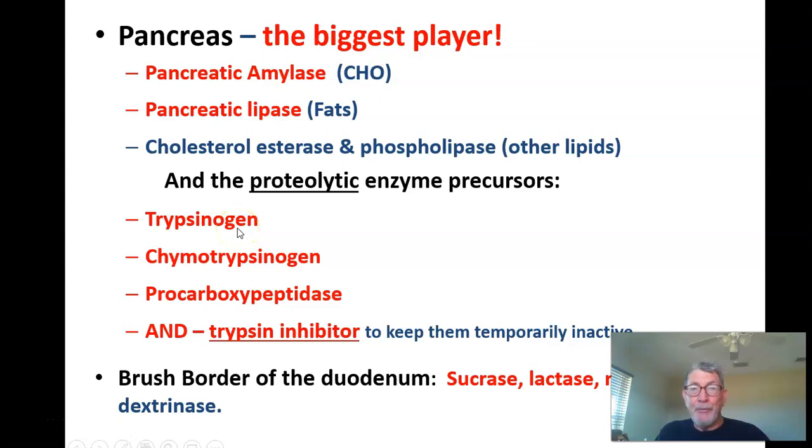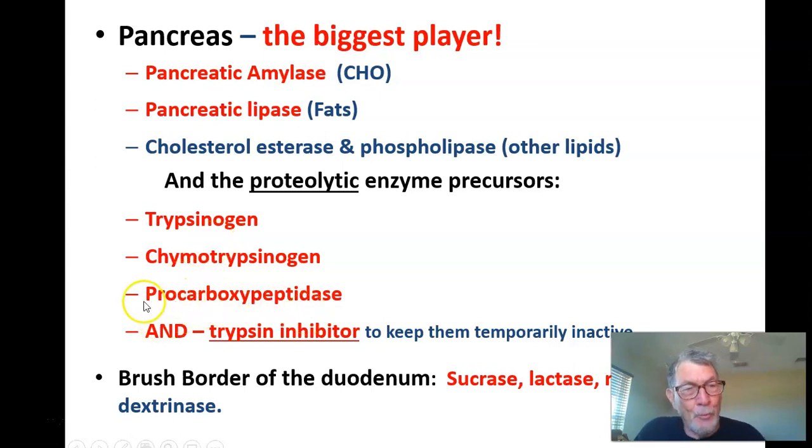Now, ogen is like pepsinogen, gets converted into pepsin in the stomach. All of these have to be secreted in a form that won't digest your pancreas. So these are precursors. Trypsinogen becomes trypsin. Trypsin is the actual digestive enzyme, but your pancreas makes trypsinogen, so you won't digest your own pancreas until it gets into the intestine. Chymotrypsinogen becomes chymotrypsin.